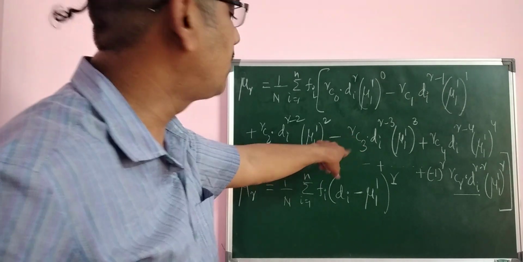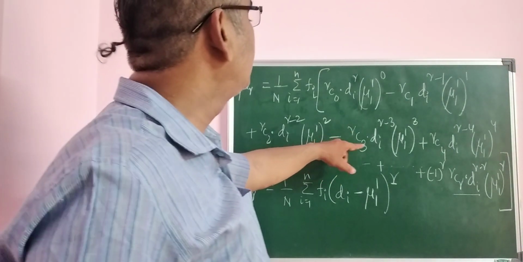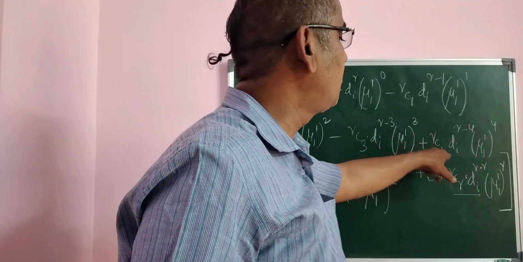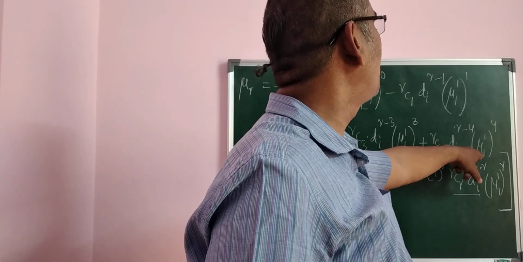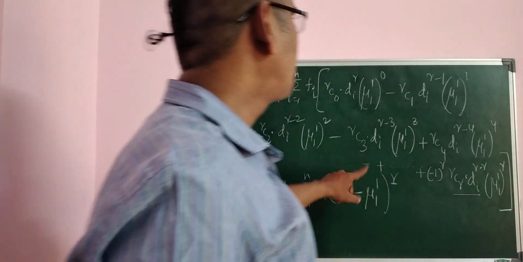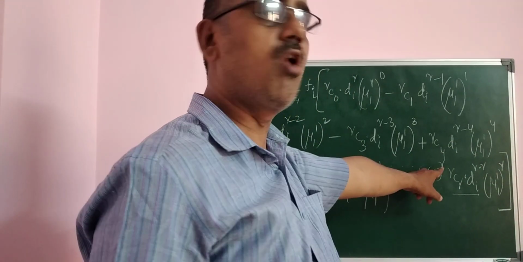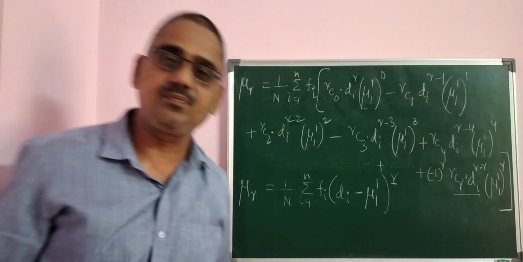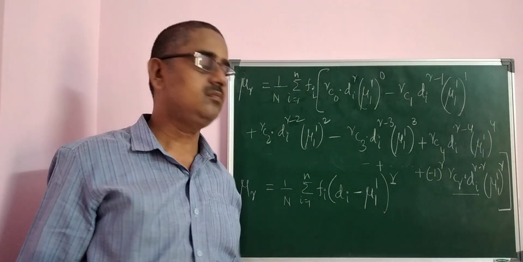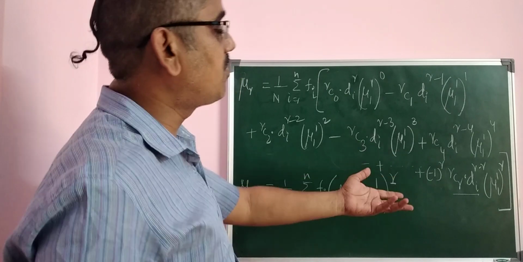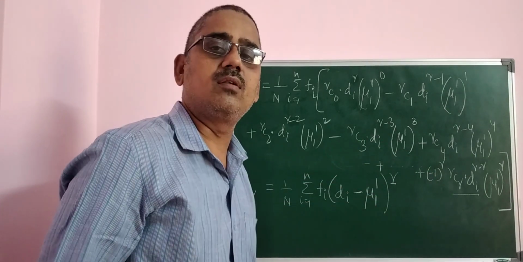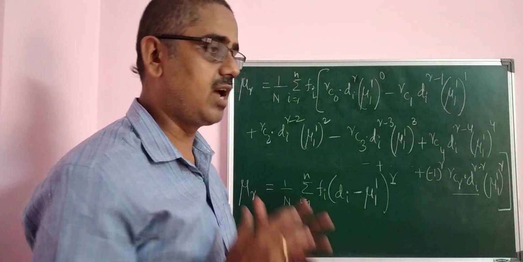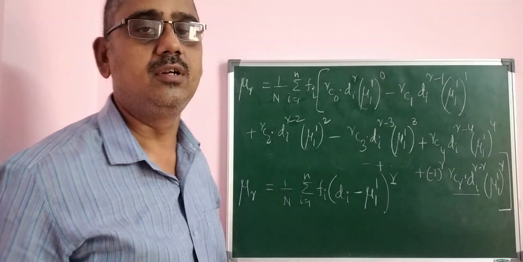Minus rC3 d_i^(r-3) μ1' whole cube. Next plus rC4 d_i^(r-4) μ1' whole power 4. Minus plus and so on. The last term I am indicating with the help of (-1) whole power r, rCr, d_i^(r-r), μ1' whole power r. This is the terminology I have considered with the help of the binomial expansion.